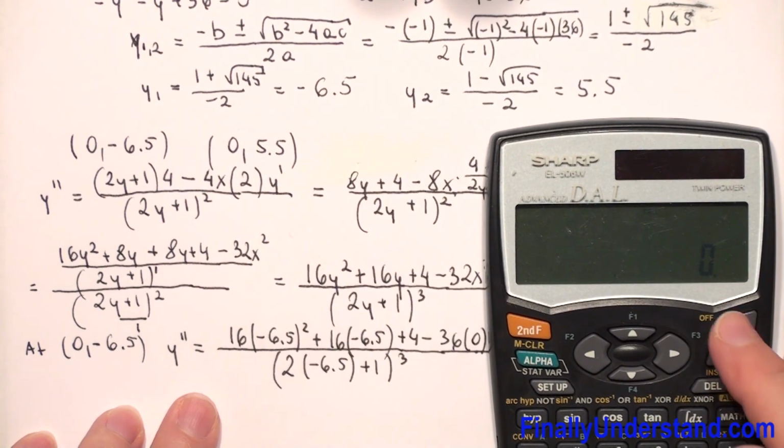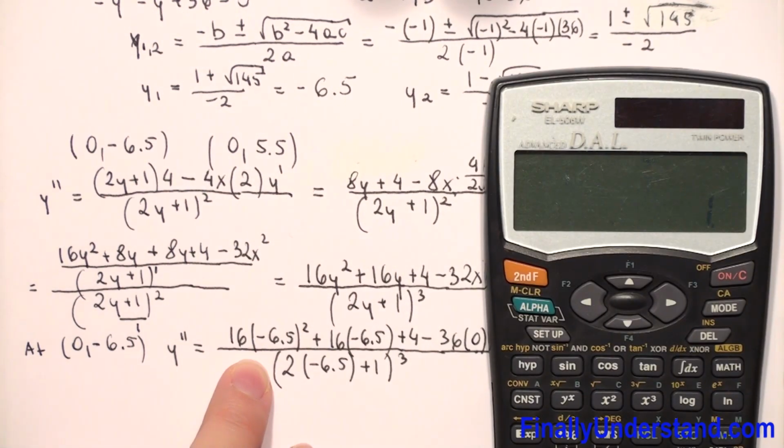So it will be 16 times negative 6.5 to the second power, which gives a positive, so I can put 6.5 to the second power, plus, and plus and minus will be minus, 16 times 6.5 plus 4. 32 times 0 is 0.